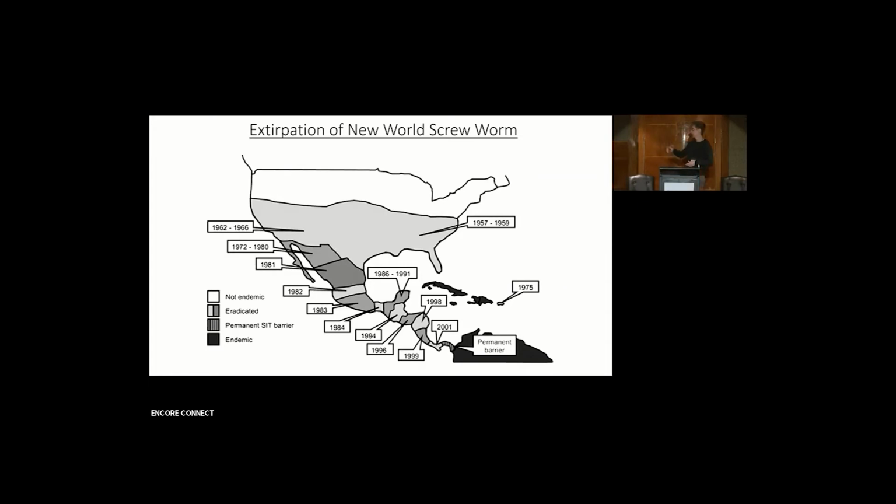They're distributed by airplane, and every now and then there'll be a little outbreak someplace north of the border, and then that'll be suppressed. So my point here is that these types of technologies have been used on really large scales, not for the purposes of completely wiping out a species, but certainly to extirpate it from a particular region.